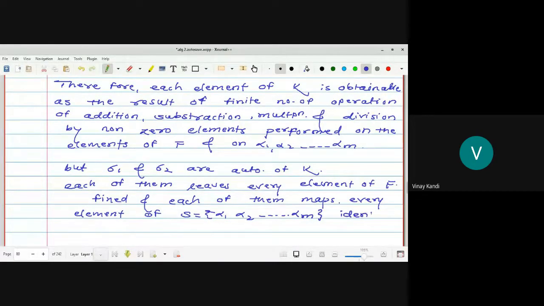Why identically? Because sigma maps roots to roots. So this is identical.